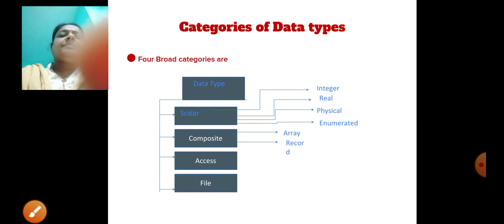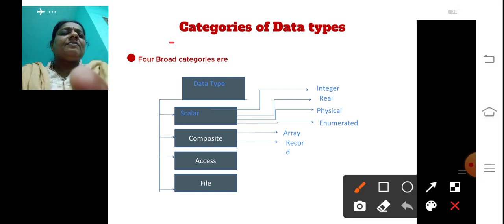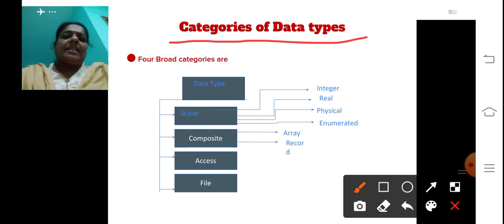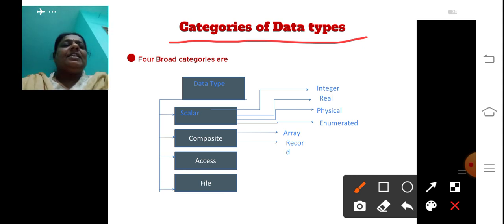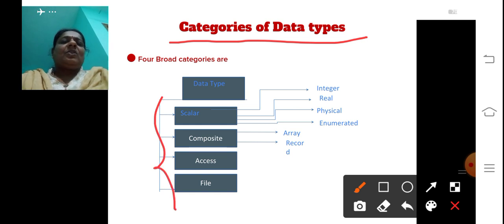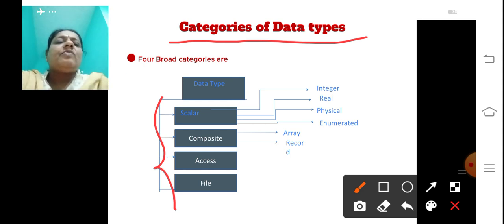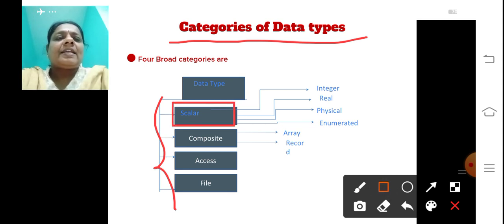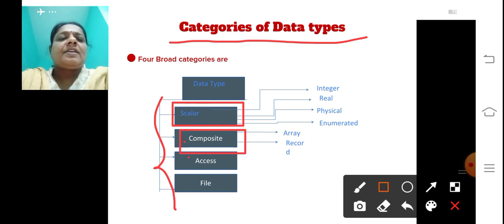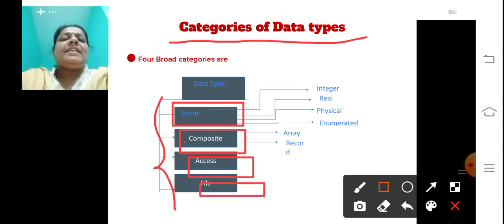Let us first study the categories of the data types. In the VHDL, there are mainly four categories. The first one is the scalar data type, the second is the composite data type, the third is the access data type, and the fourth is the file data type.